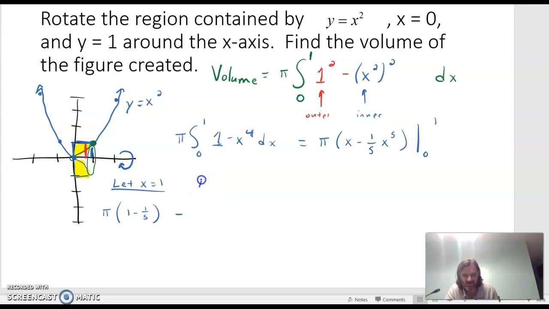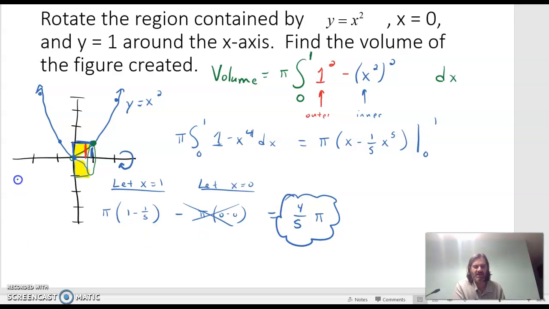Then we'll subtract off, let x equal 0. That'll be pi times 0 minus 0, so this whole last part's gone. So it looks like I will get 4/5 pi. And we might be able to draw some conclusions from looking at the figure and make a better calculation off of it. But that's what would happen if we rotated this thing all the way around.